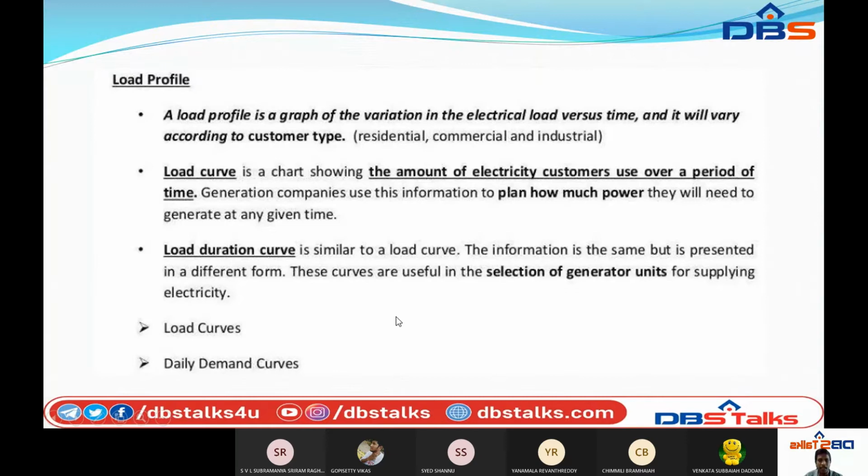In this also we draw the same kind of graph: horizontally we take time in hours, and vertically we take the power requirement, load in kilowatts.